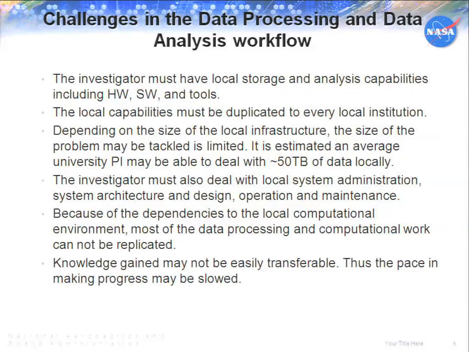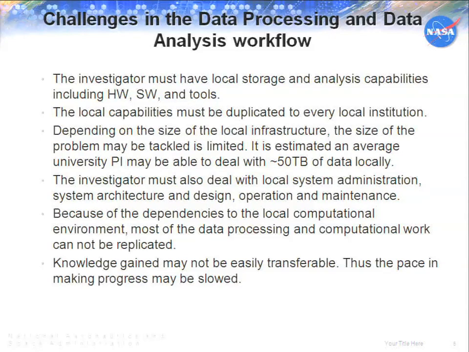The investigator must also deal with local system administration, system architecture design, and IT infrastructure. We heard that. Operation and maintenance, all those are things that we researchers typically don't want to deal with. Also, because of the dependencies on the local computational environment, when you build something, you tailor it to your local environment.